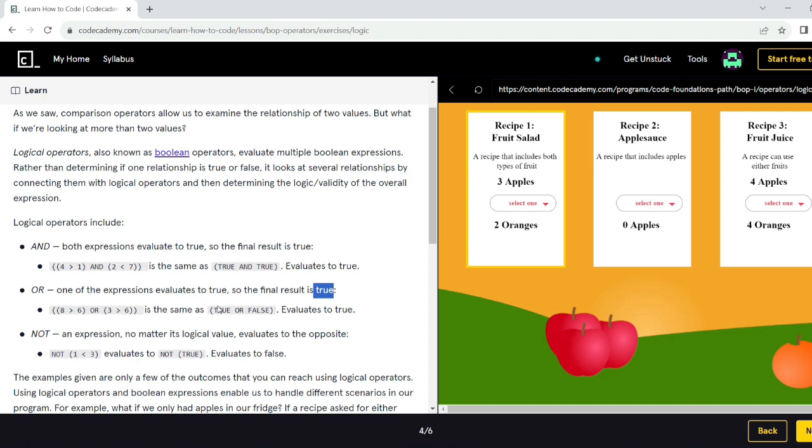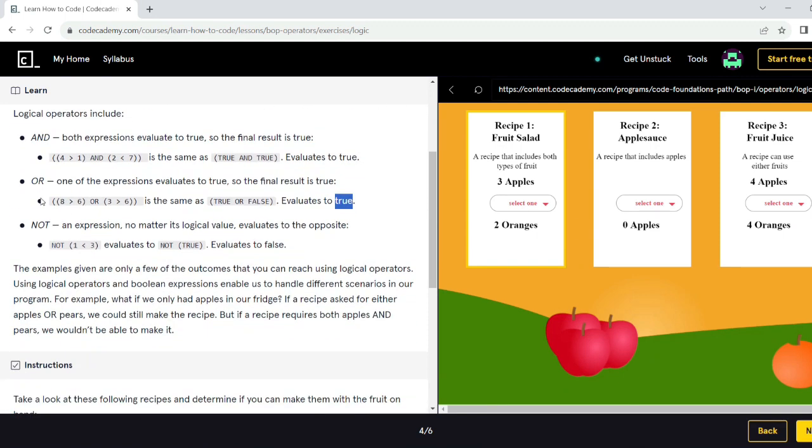But because the first operation was true, the end result is still true, even though the second operation is false. It doesn't matter. True still results in the overall operation being true.